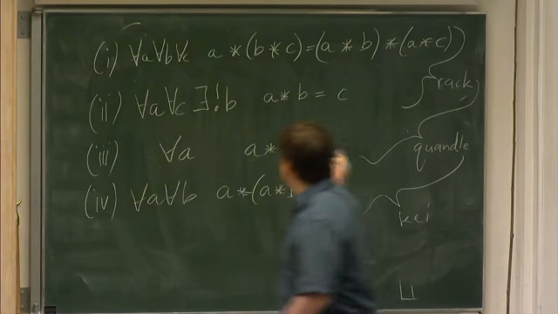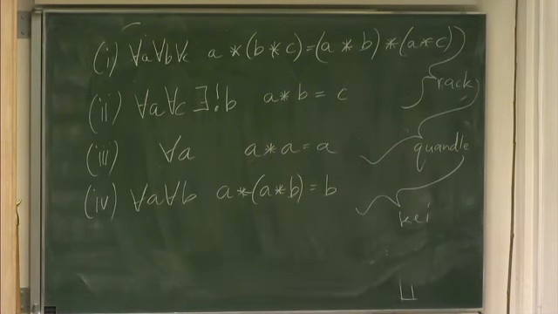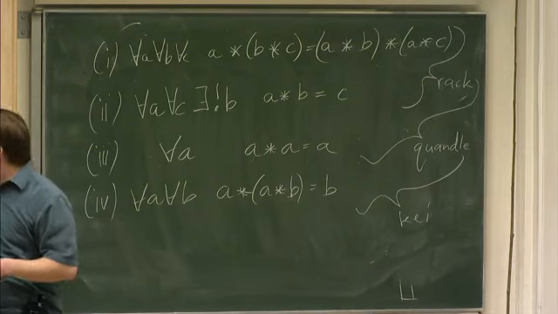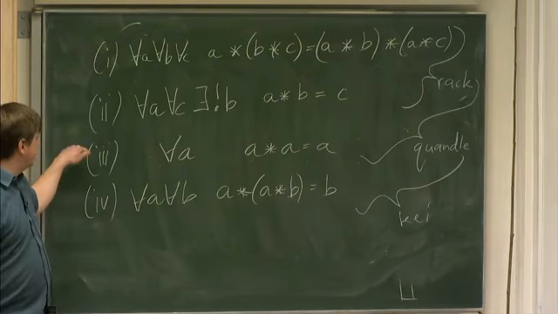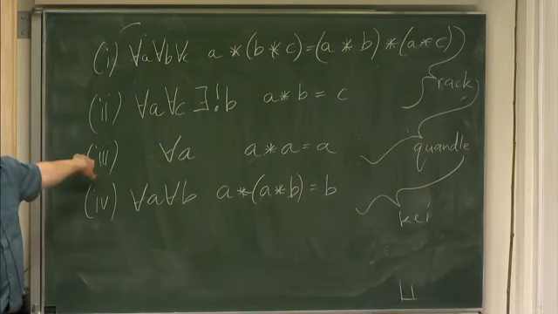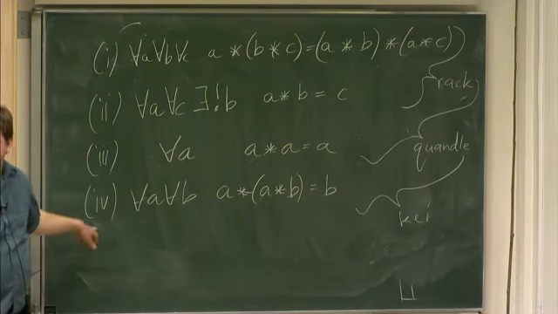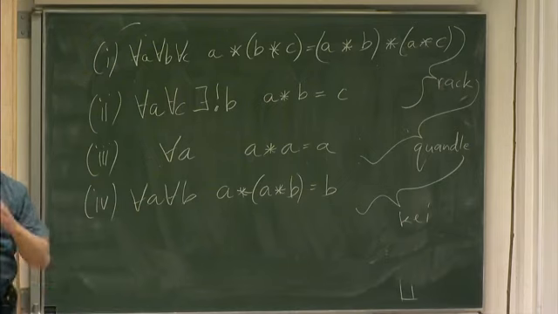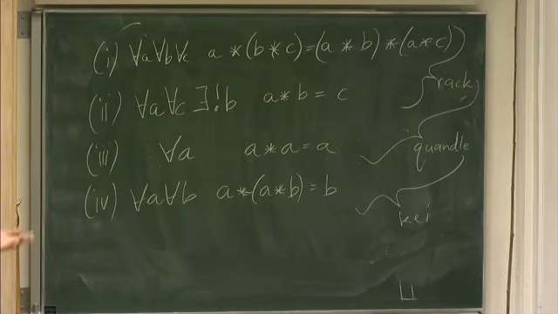Okay, so those are the axioms we're working with. Let me give you a little bit of geometric intuition. First of all, if you look at groups with conjugation, then you can see, again, it's a quandle, not just a rack. And if you want an example, a good example is geometric reflections, again with conjugation.